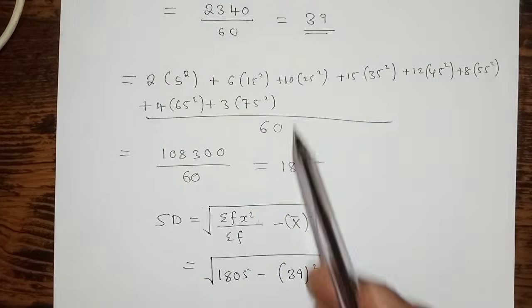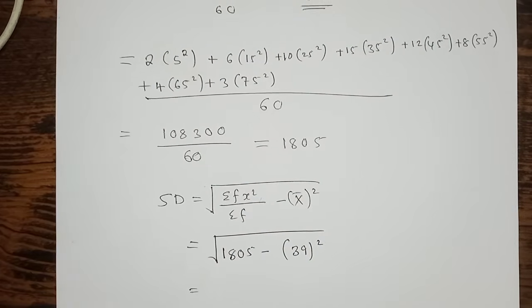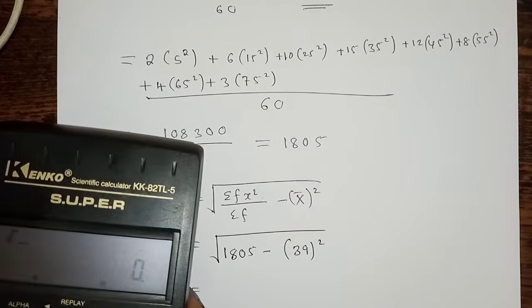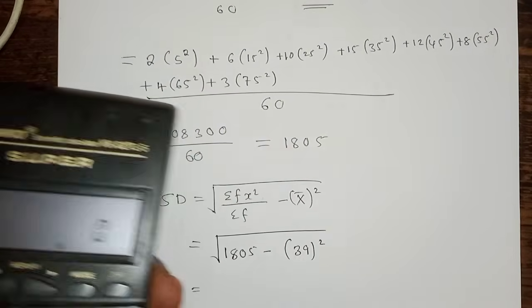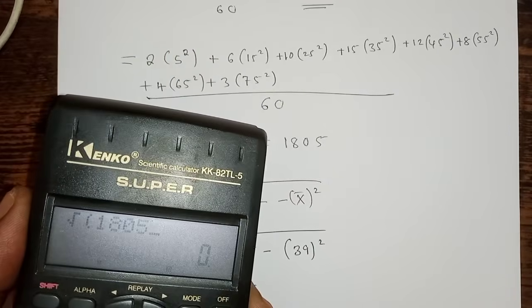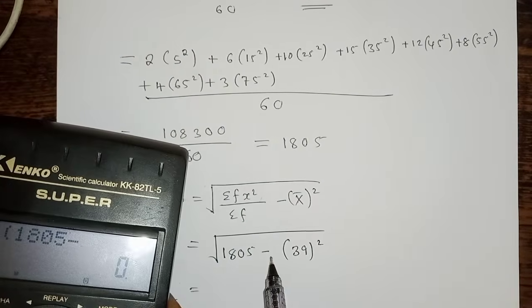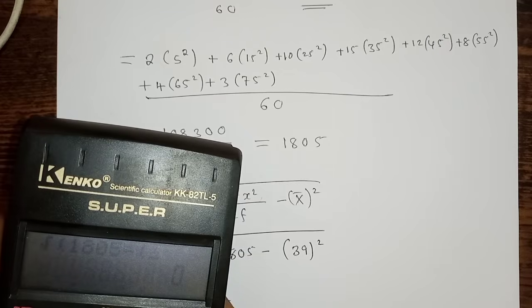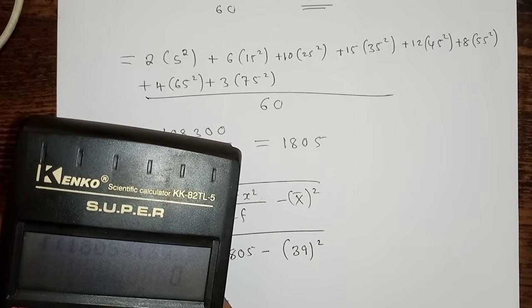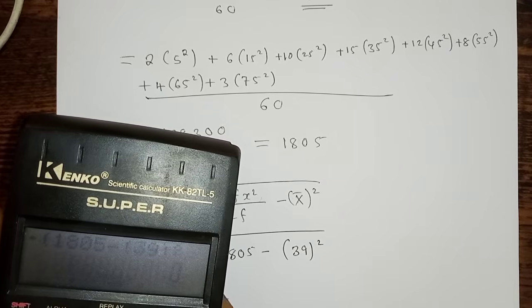So without wasting your time, you just say root of, you put the brackets there, just copy, minus open bracket 39 squared and then close there.